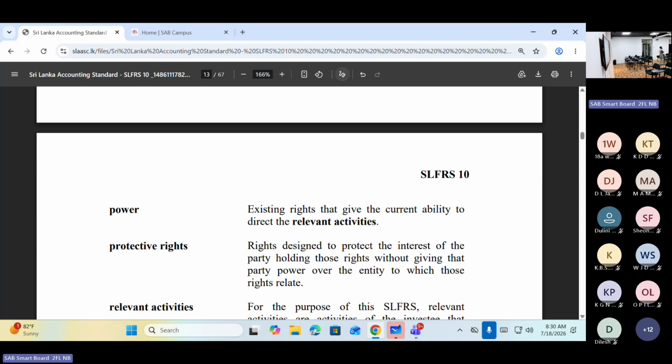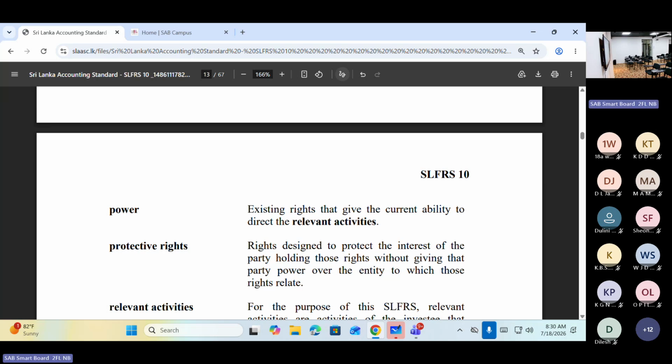Once we are completing consolidated financial statements, it should be consistent with the first one, the consolidated income statement.